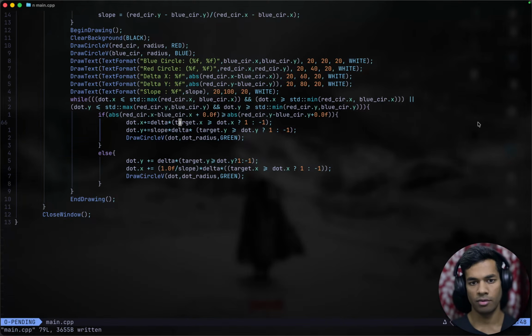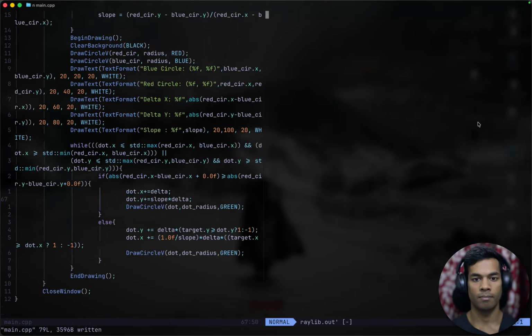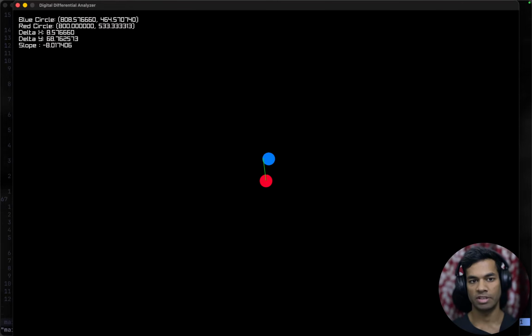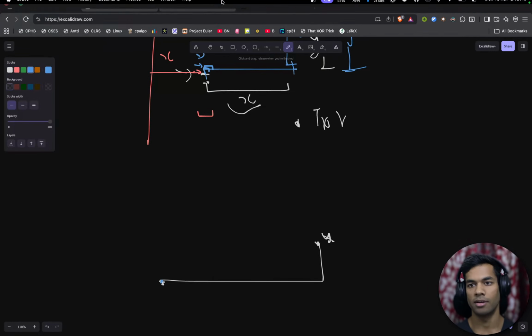And the only change that we have made is this here and the way that we are updating these two values. Hmm. Shit, okay, and now it is getting stuck.